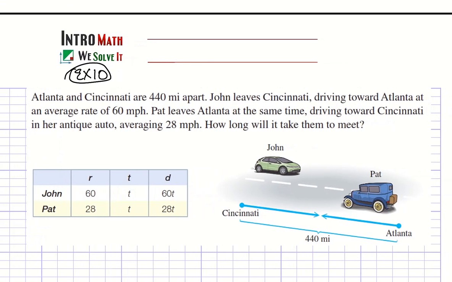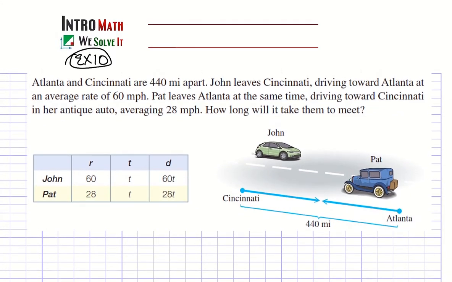Alright, look at the next one. It's like the other one, but you have to be really careful. Atlanta and Cincinnati are 440 miles apart. You see, they give you a picture. John leaves Cincinnati heading towards Atlanta, and Pat leaves Atlanta heading towards Cincinnati.